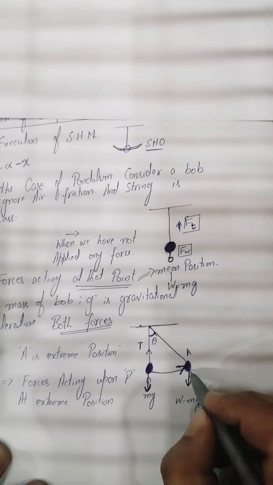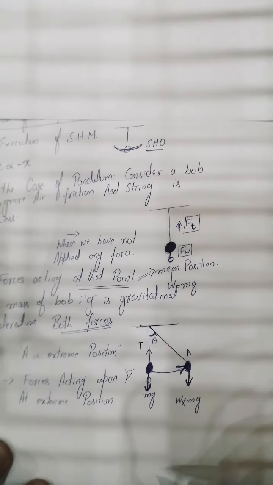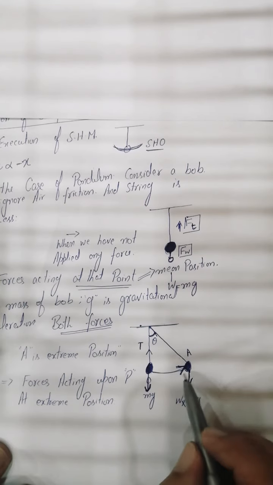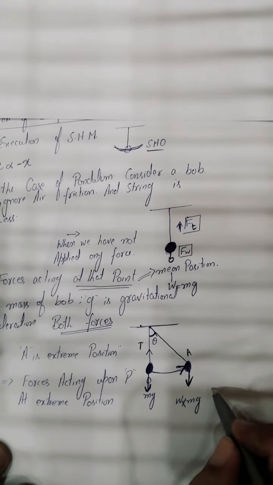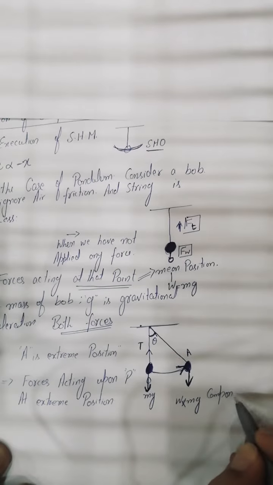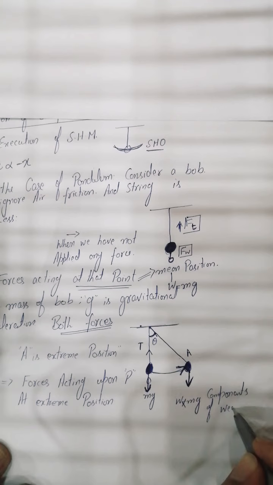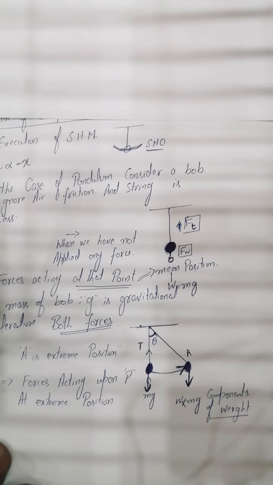Because here the value of weight is not equal to mg, because of the direction. So let's see what happened. We have to make the components of weight.